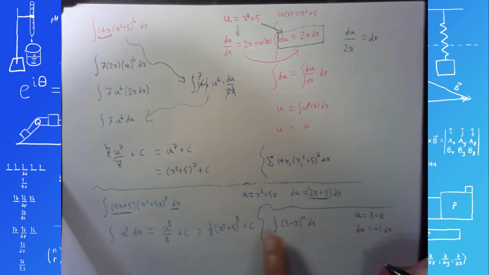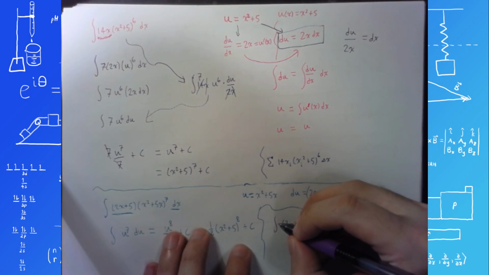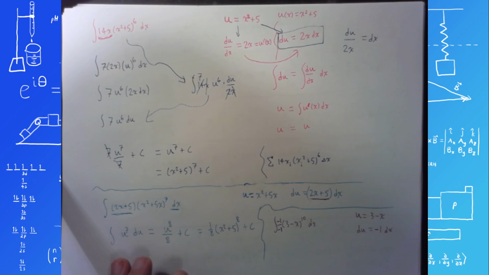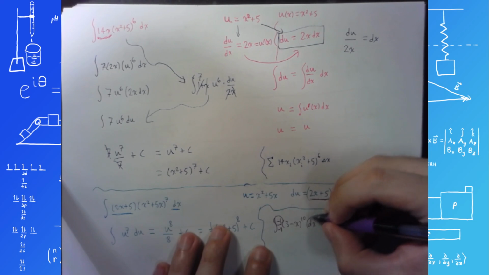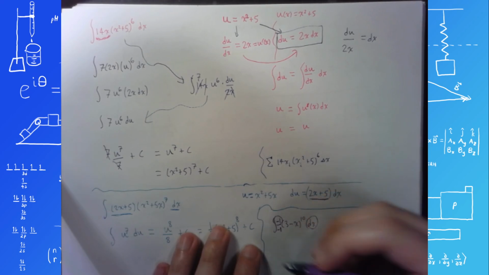I don't have a -1 in here. Well, that's okay, because I can multiply this by -1 over -1. You are allowed to multiply by a constant as long as you also divide by it. And now I can take -1 with dx and turn that into a du.